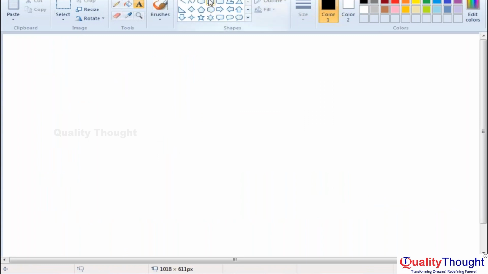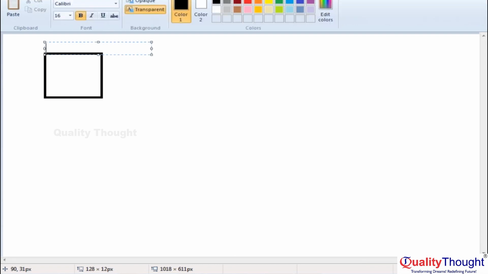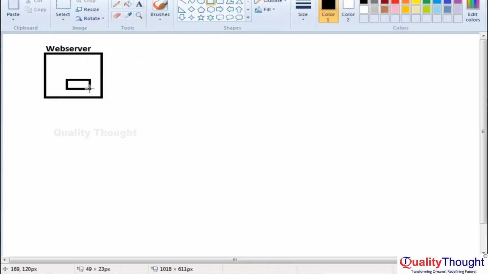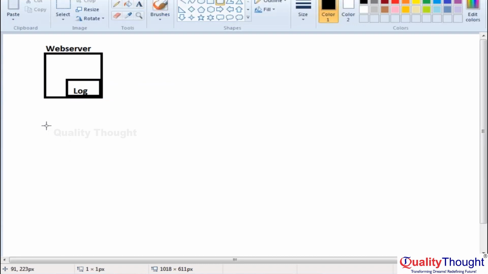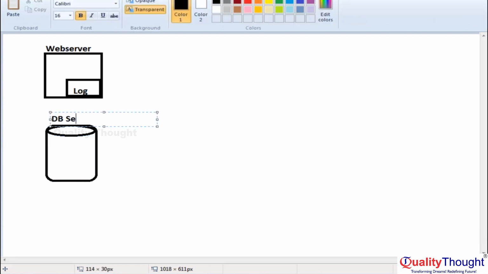We have different streaming sources. One is the web server, which is generating continuous logs. We also have database servers, and the database server is also continuously generating logs.